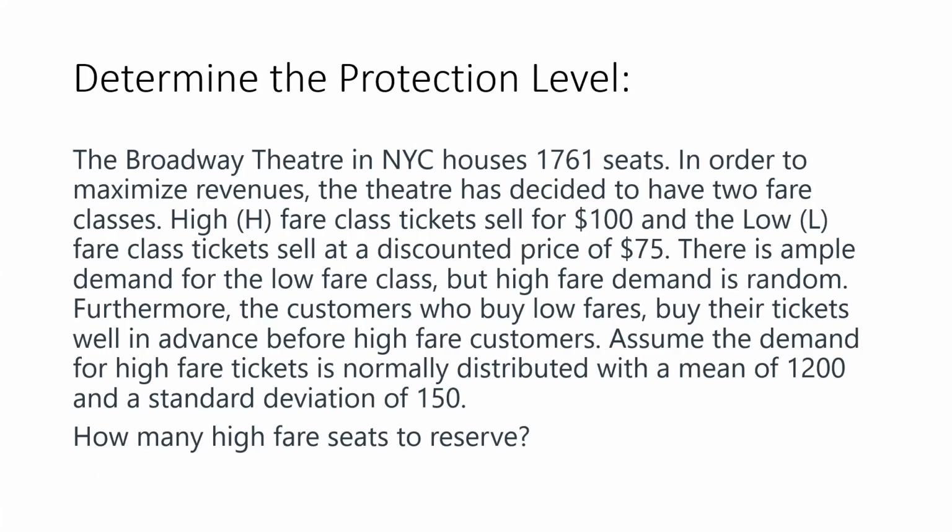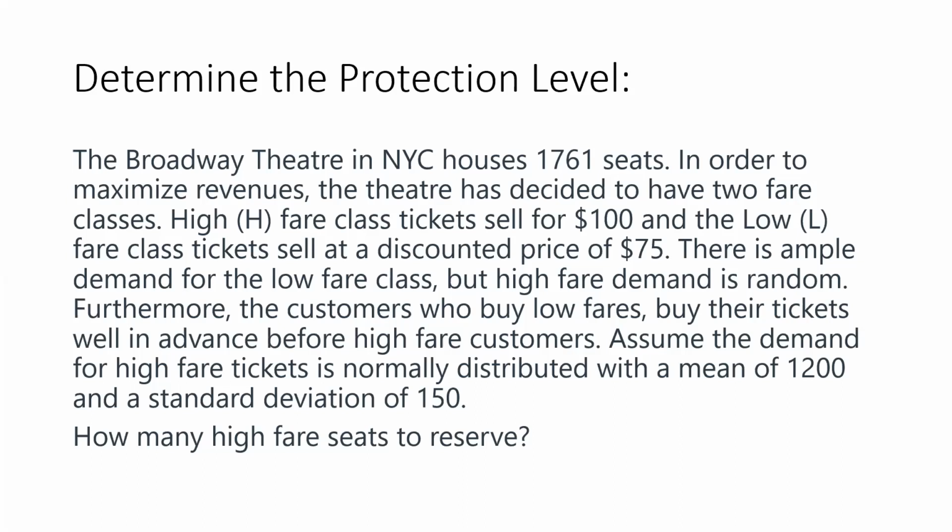Okay, let's do this question. The Broadway Theater in NYC houses 1,761 seats. This question is basically from homework 4. In order to maximize revenues, the theater has decided to have two fare classes, high fare and low fare. High fare sells for 100, low fare for 75.